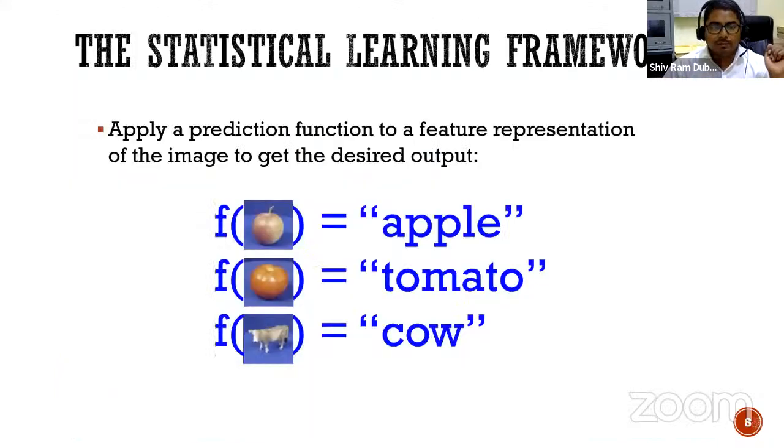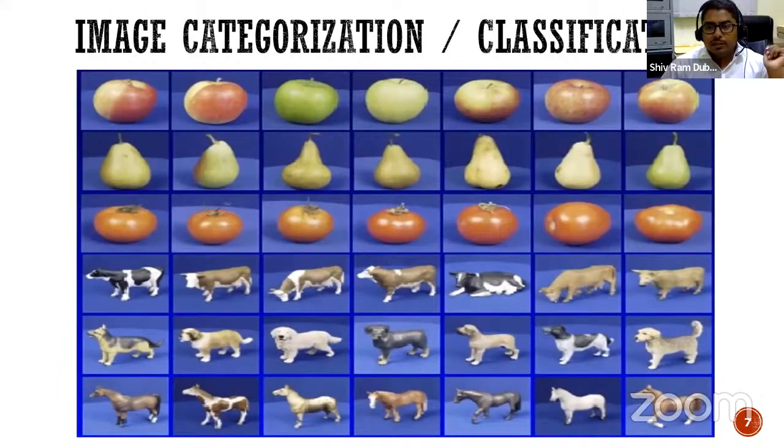For example, suppose this is our training data set. The first row has all samples coming from the same category, so let's give all these samples label 1. The next row, because they come from the same category, we can give the next label, suppose 2.